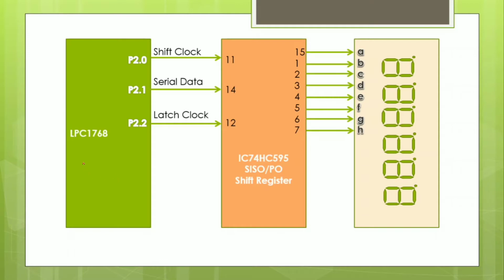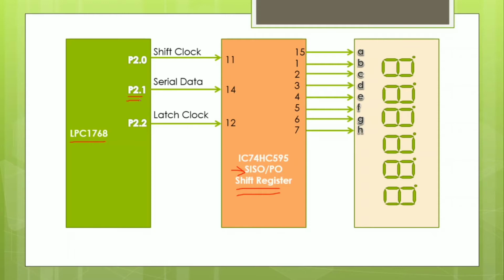Now you are writing a code on LPC1768. This LPC1768 takes the data and sends the data to a shift register. This shift register is a serial in, parallel out shift register.